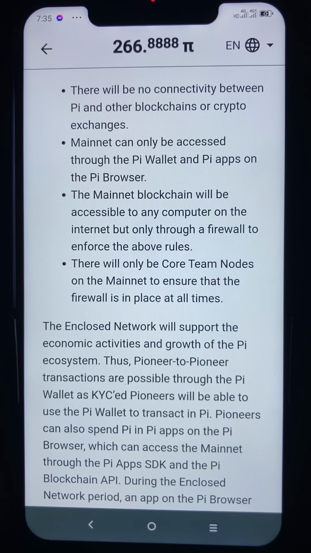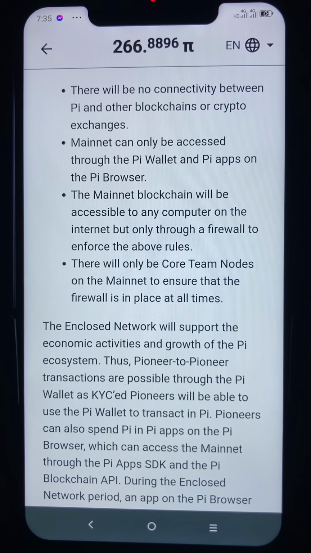Okay? There will only be core team nodes on the mainnet to ensure that the firewall is in place at all times. Okay, so maganda, magaling. So core team nodes lang ang gagamitin during the enclosed mainnet, which is good kasi syempre 'di ba yung integrity nung mainnet assured yon.